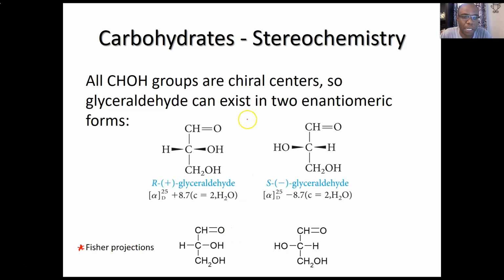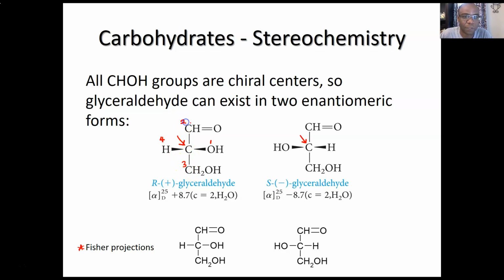But what I want you to remember is all the horizontal lines must be towards you. So if I was to assign chirality on the carbon containing 4 different groups, the stereogenic carbon, I would say this is priority 1, priority 2, obviously this is priority 4, this is priority 3.